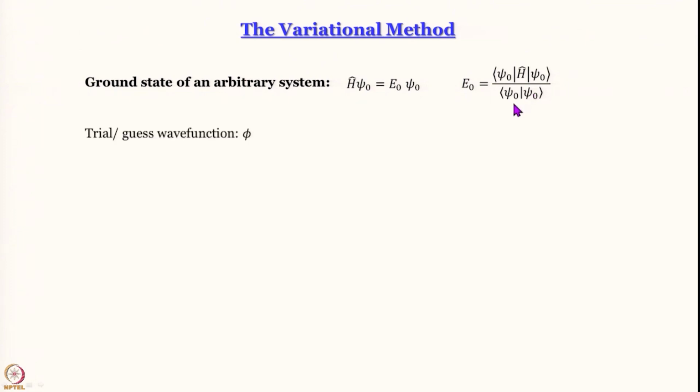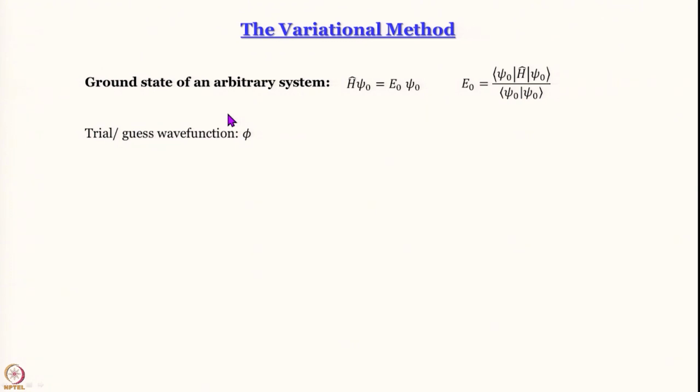Okay. Now, what we say is we do not know what the wave function is, right, but let us make a guess. Let us assume some kind of a wave function, and that is called the trial or guess wave function. Now, at this point of time this might sound to be too much of a story. What is going on here?